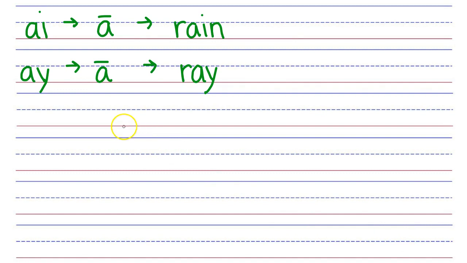What else do we know? We know that OA is a multi-letter vowel phonogram that makes a long O sound. It looks like that in a dictionary, as in boat. B that says b, OA that says O, T that says t. So this one, one way you could read it incorrectly is you could say, oh, this must be two syllables.